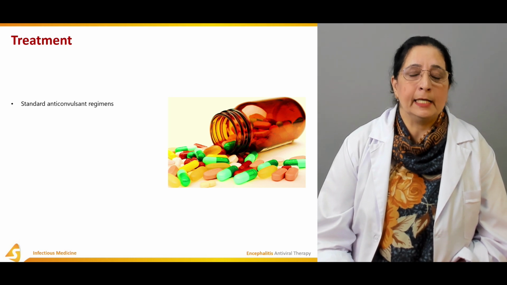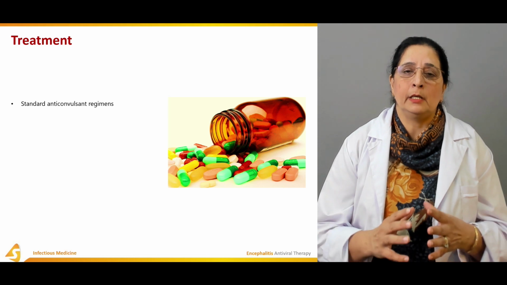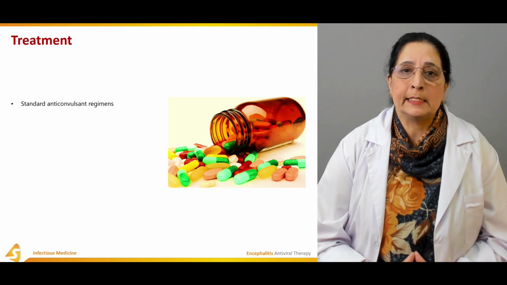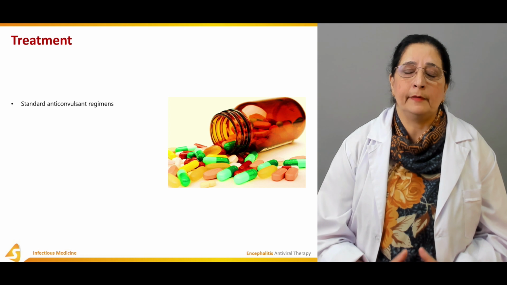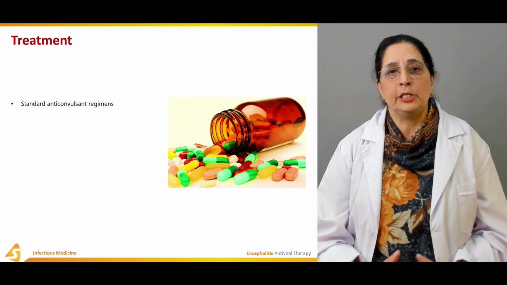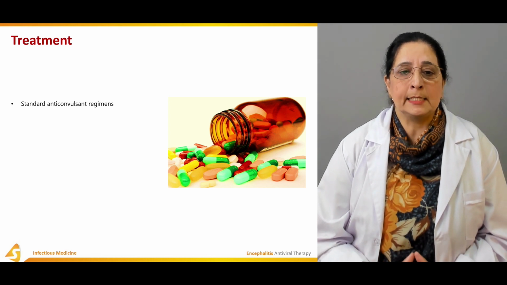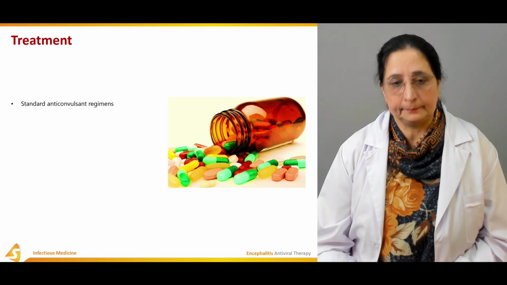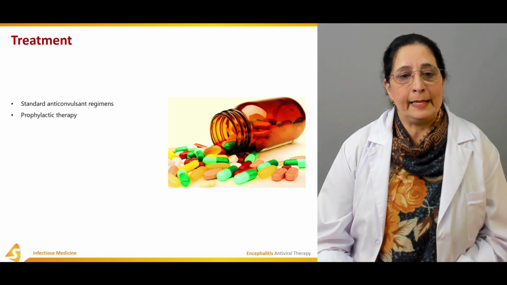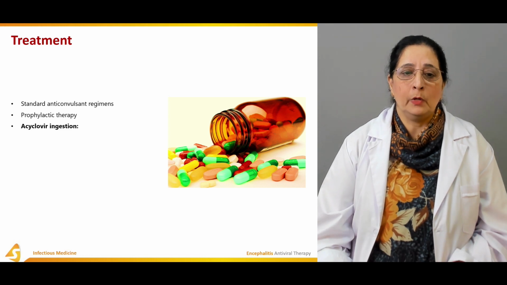Standard anticonvulsant regimens can be given. Usually encephalitis patients have seizures, generalized or focal seizures are present, so we can treat them with anticonvulsant therapy. Specific therapy is Acyclovir infusion.